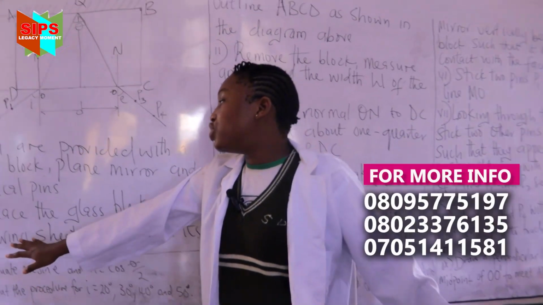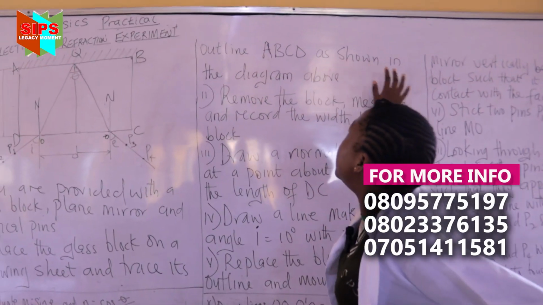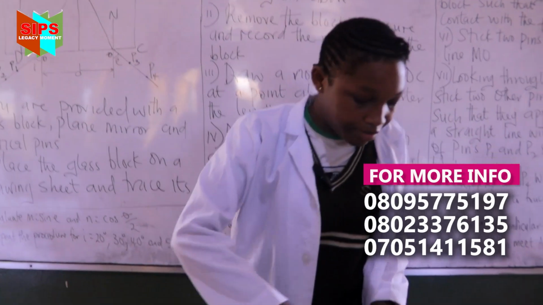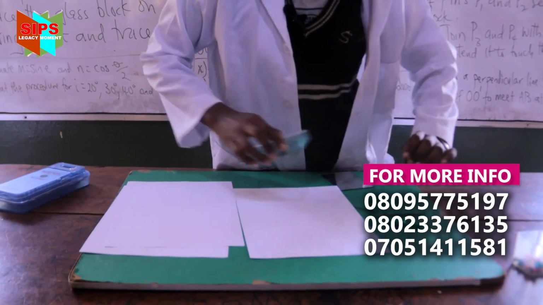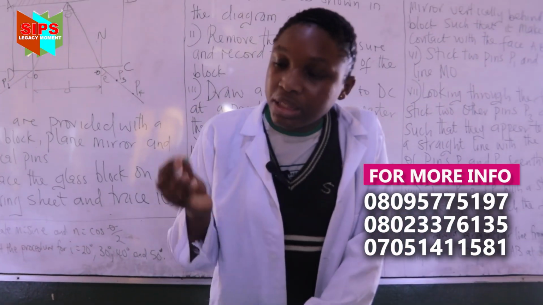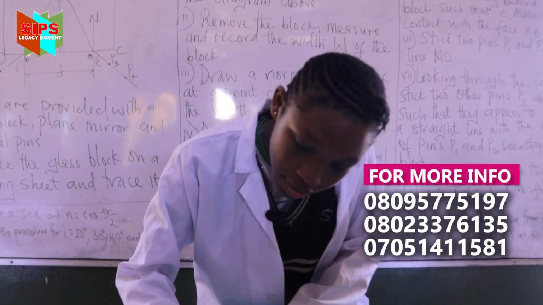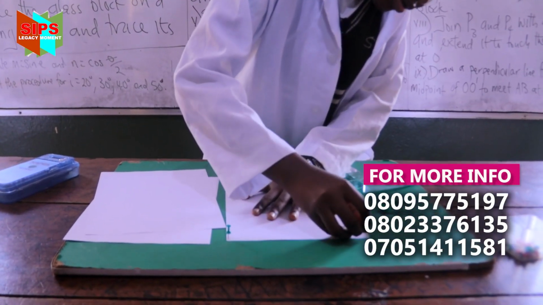So according to our first instruction, we should place the glass block on a drawing sheet and trace its outline A, B, C, D as shown in the diagram. So I'll place my paper on my drawing board, and I will use thumb pins to place it down so it does not shift or alter the practical.